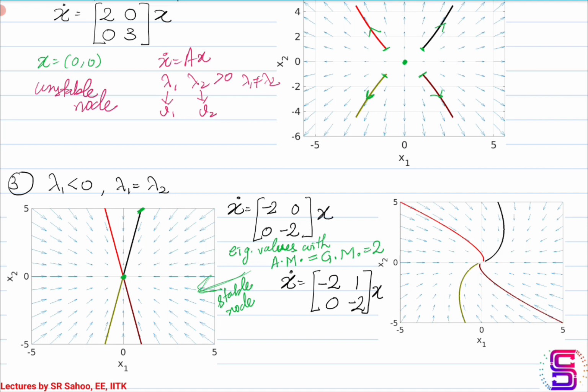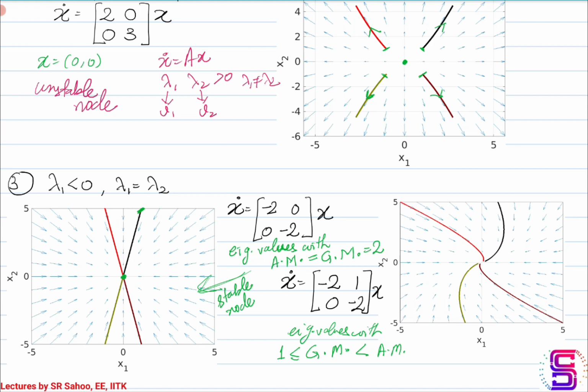Now, in the case when the eigenvalues are repeated, so the two eigenvalues are the same, but the geometric multiplicity is less than the algebraic multiplicity, which is of course greater than or equal to 1, the trajectories may start from one section of the eigenvectors and may enter into different sections of the eigenvectors.